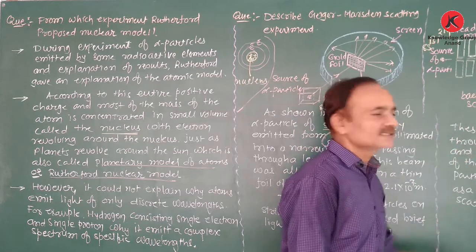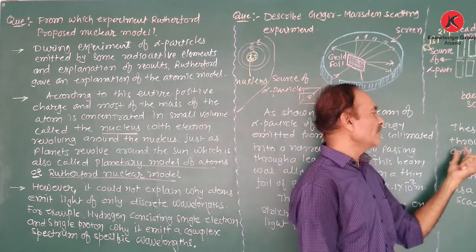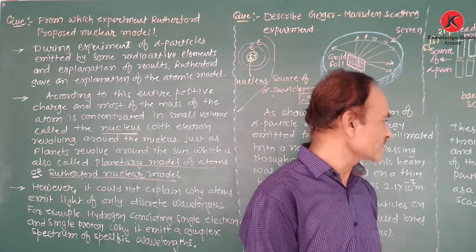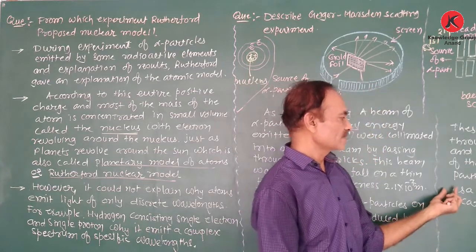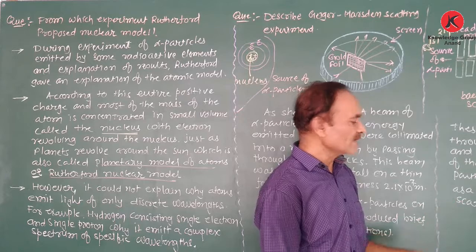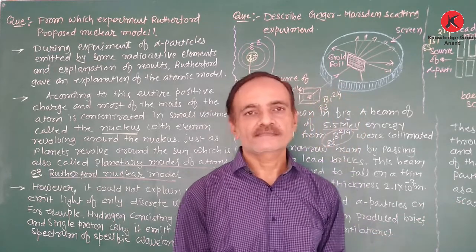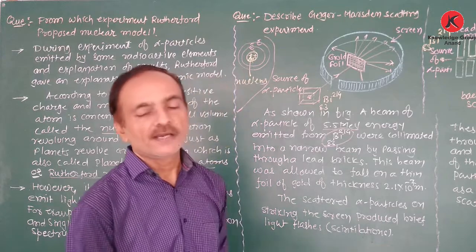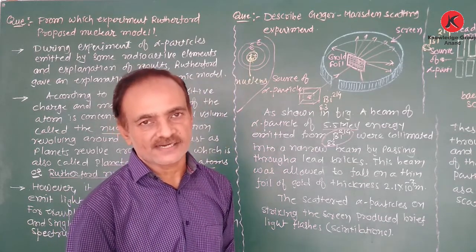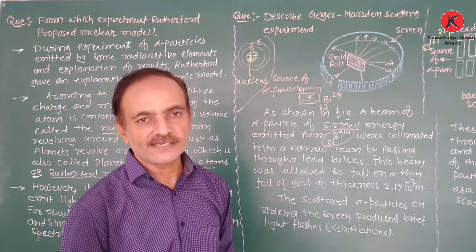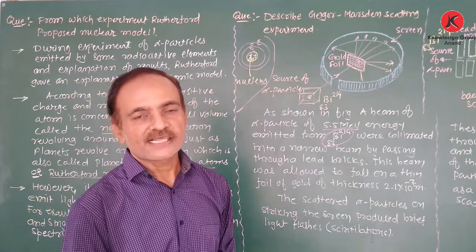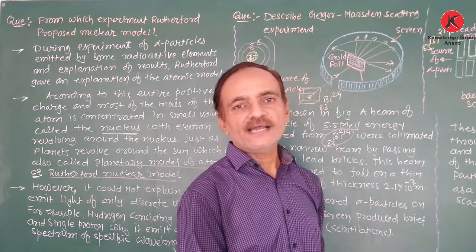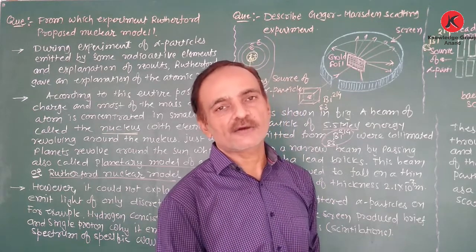These flashes are observed through the microscope, and the distribution of the number of scattered particles may be studied as a function of the angle of scattering. Then we can plot a graph of the number of alpha particles scattered versus the angle of scattering.